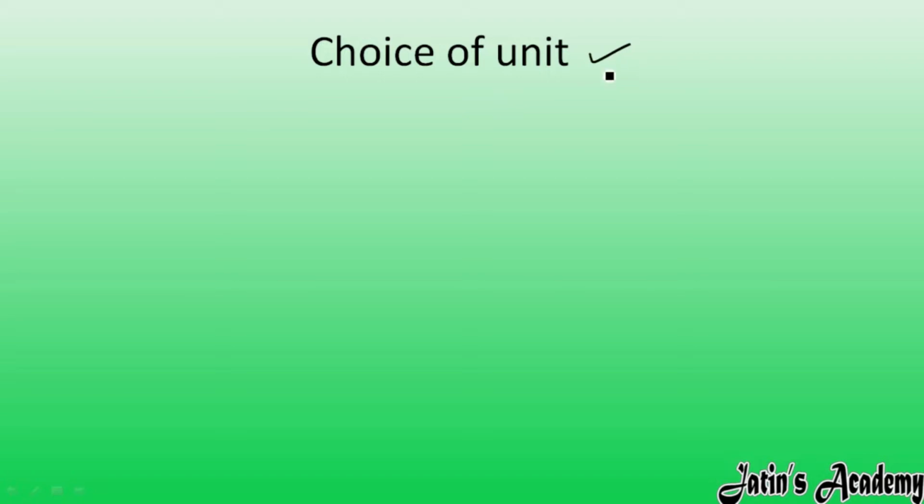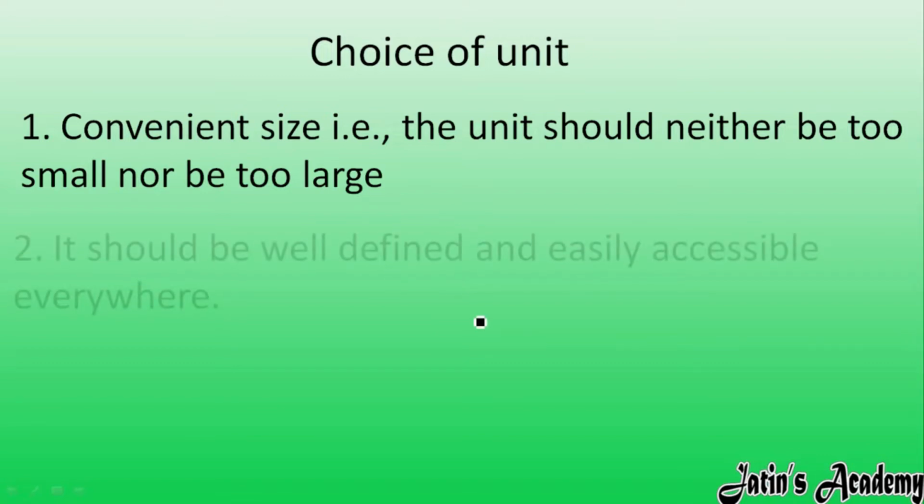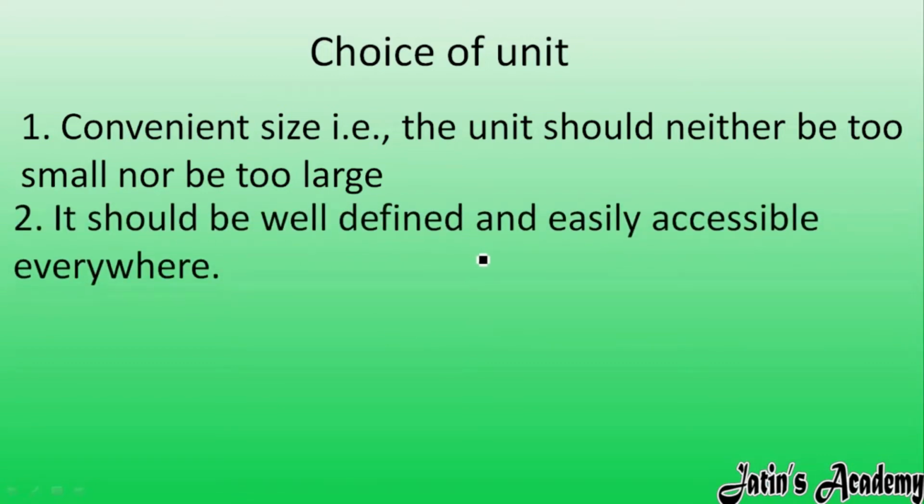Next we have the choice of a unit. Which kind of unit we have to choose, some points we have to note down. First, the unit should be of convenient size. Convenient size means the unit should not be too small and should not be too large. Second, it should be well defined and easily accessible everywhere.